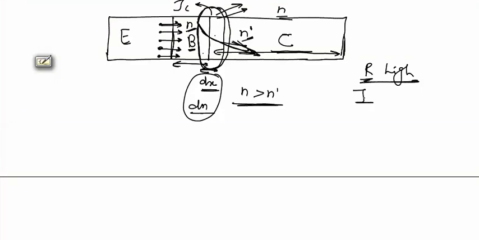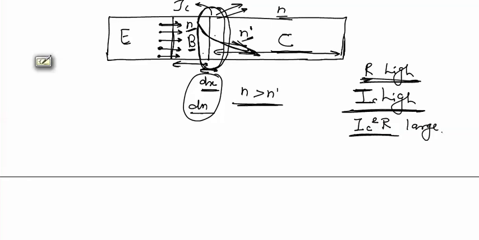Means at this junction, collector current IC is also high. If this current is high and this resistance high, then at this junction the heat generated, IC square into R, will be very large, and this much heat should be properly dissipated to the surrounding, otherwise the BJT will burn or will be destroyed.